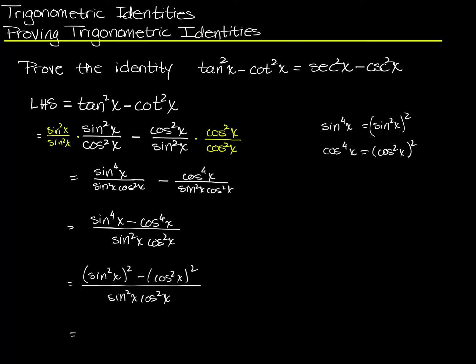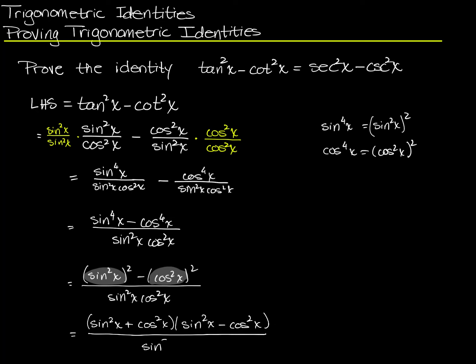Well, now I have a difference of squares. I have a squared minus b squared, and that's a plus b times a minus b. That's all still going to be over my common denominator.